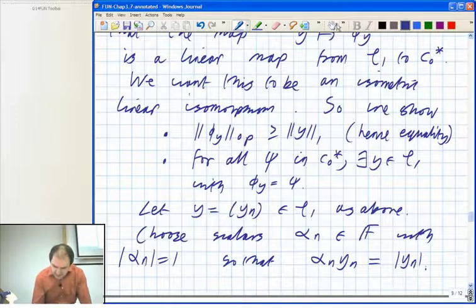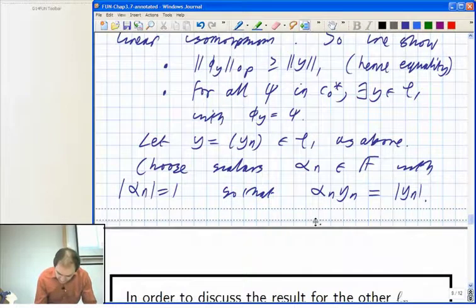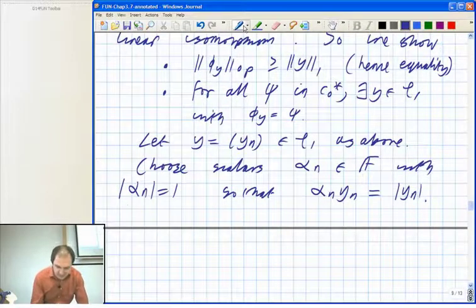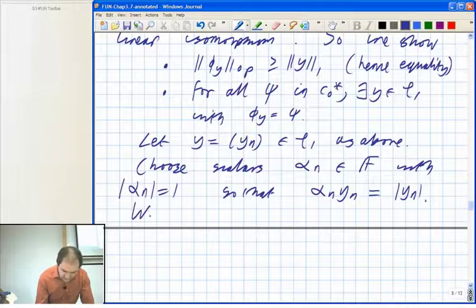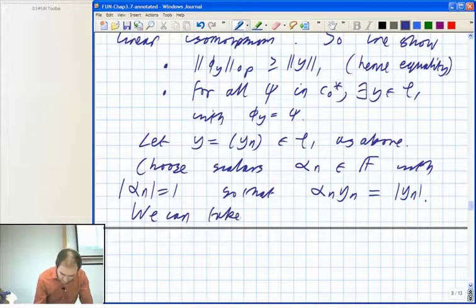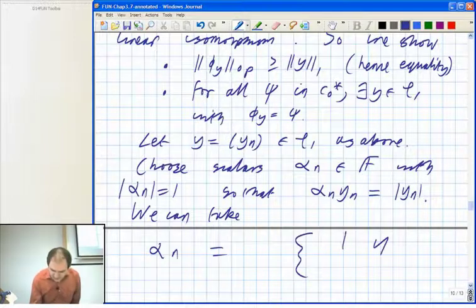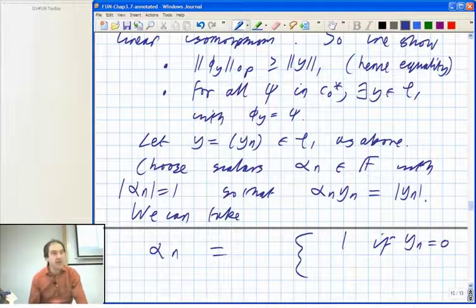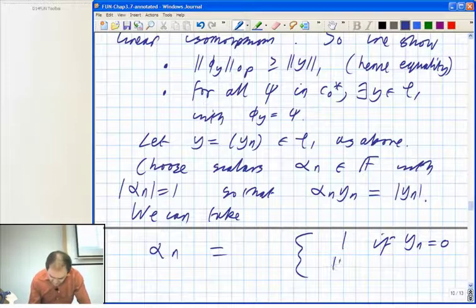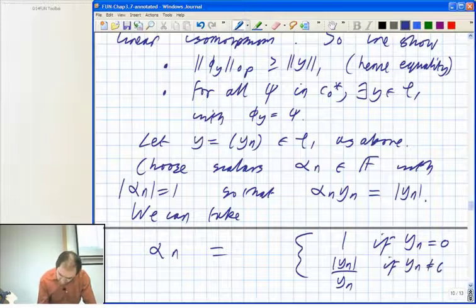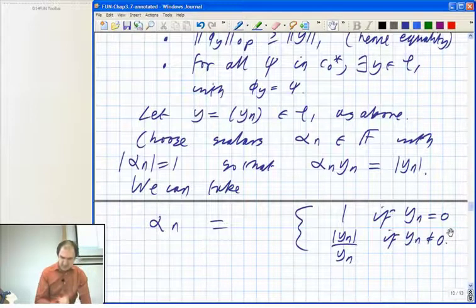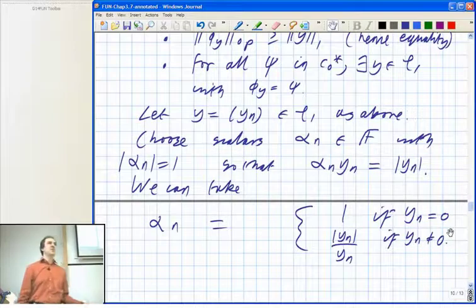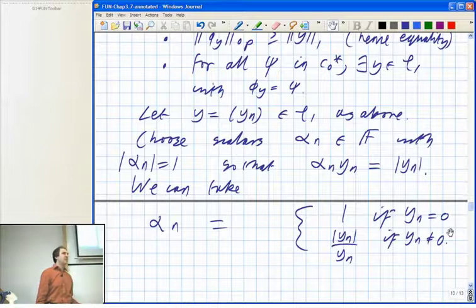How do you do that? The usual way to do this, we can take alpha n to be 1 if yn equals 0. Don't care what you do really if yn equals 0. And if yn is not 0, you take it to be modulus of yn over yn. In either case, alpha n is a real or complex number with modulus 1, and alpha n times yn is mod yn.